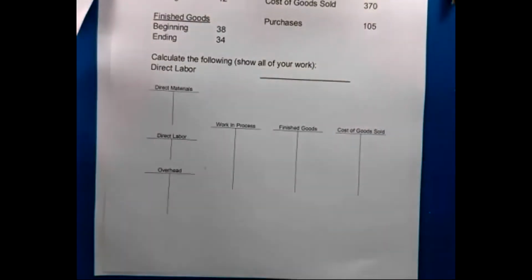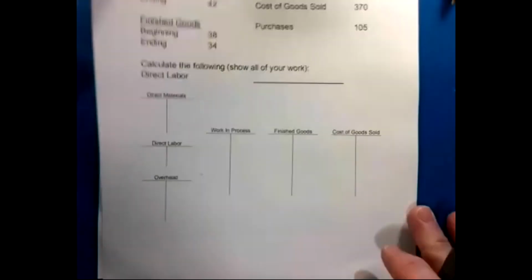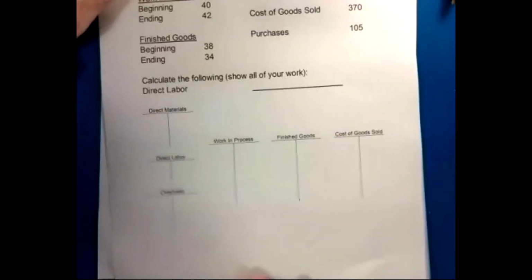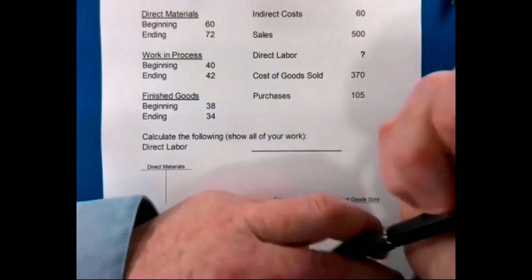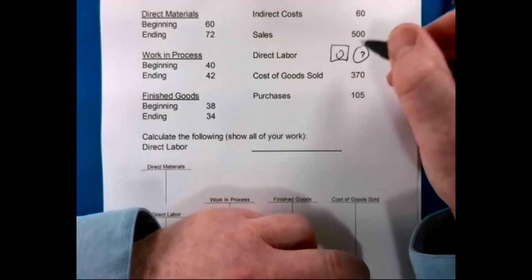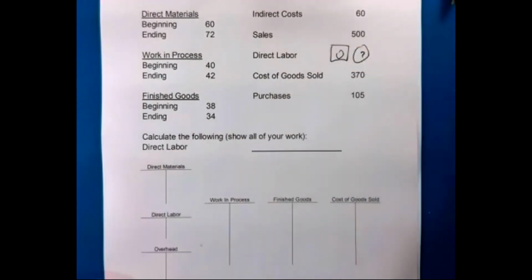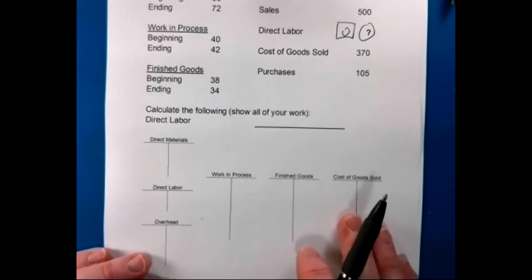All right, let's go to the last problem of the night. Last problem of the night is problem 2 on the practice exam. And again, put in a 0 for that, and then work it through. You can also work from the back. Sometimes students say, "Oh, I'll just take this cost of goods sold 370 and work backwards." That's fine too. You can do it either way you want. But I like to show going forward.